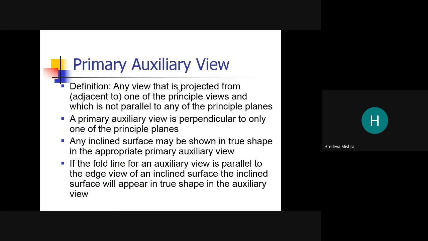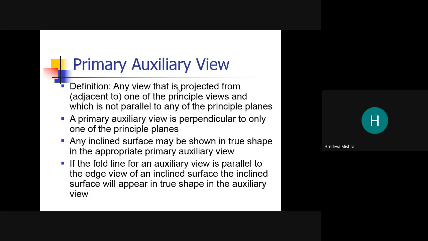Primary auxiliary view definition. What is the definition of primary auxiliary view? Any view that is projected from one of the principal views and which is not parallel to any of the principal planes.